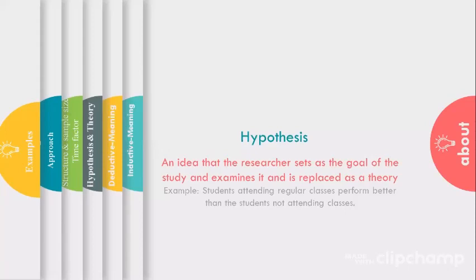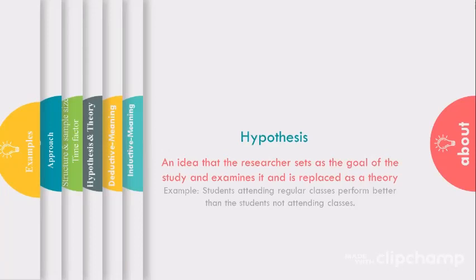For example, I have given an example over here. Students, this is a hypothesis, this is not a theory. Students attending online classes or students attending regular classes perform better than the students not attending classes. So this is a hypothesis. This has to be examined. This has to be tested.